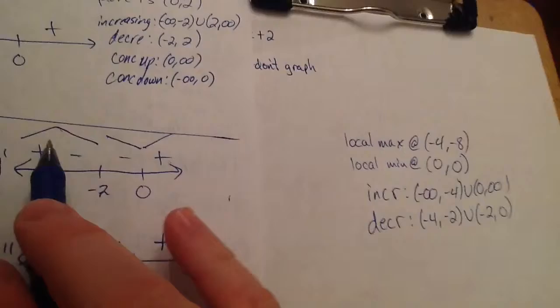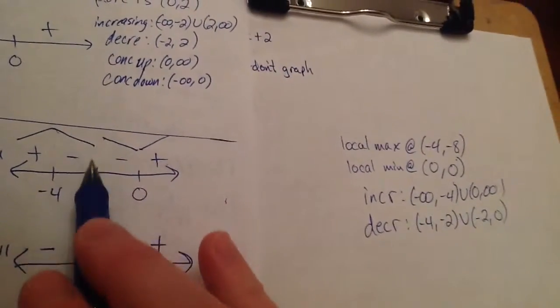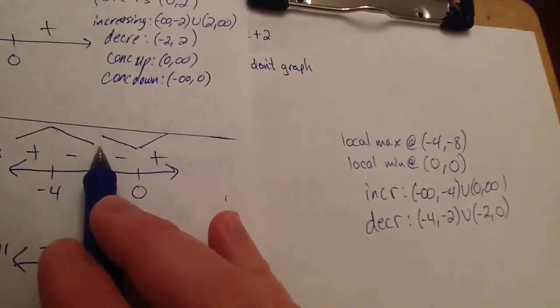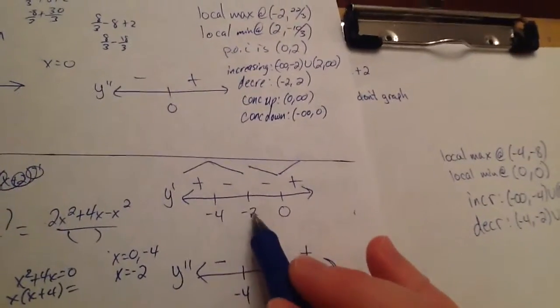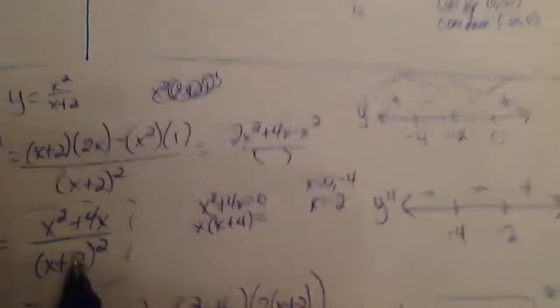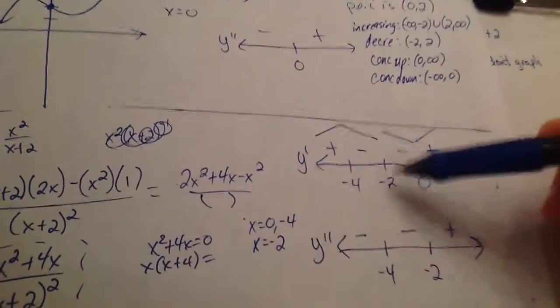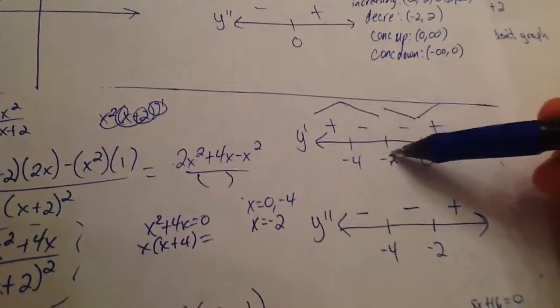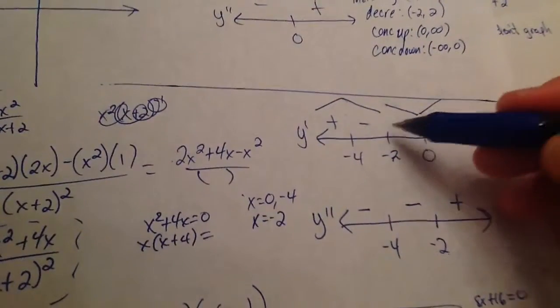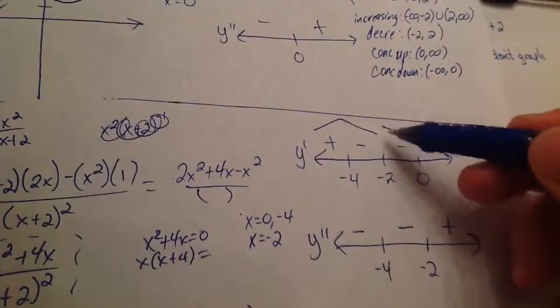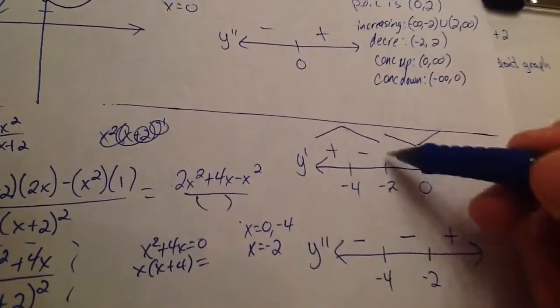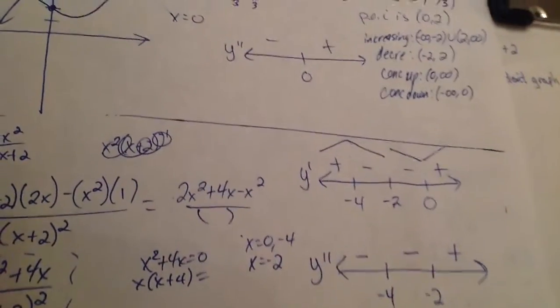And you can't just say -4 to 0 because the slope either hits 0 right here or doesn't exist right here. And looking back, if I plug in -2 to my derivative, the bottom's 0. So the slope doesn't exist right here, which means it's either a corner or a vertical spot, or maybe there's nothing there. But we'll look at that later. But it's not increasing or decreasing.